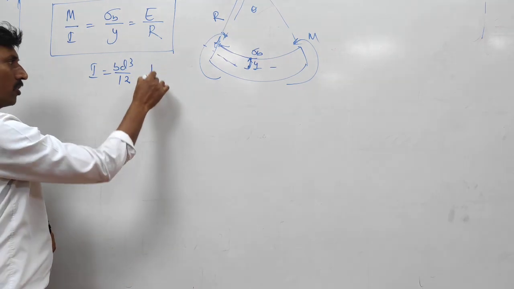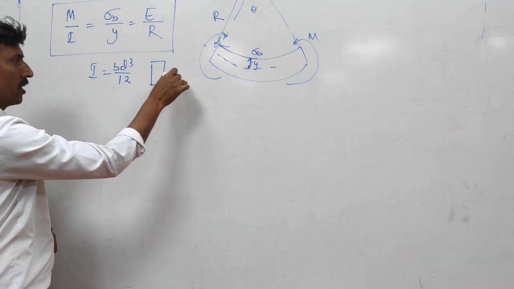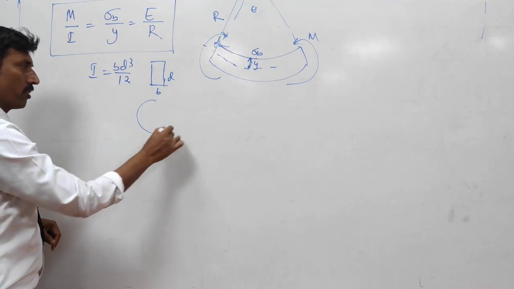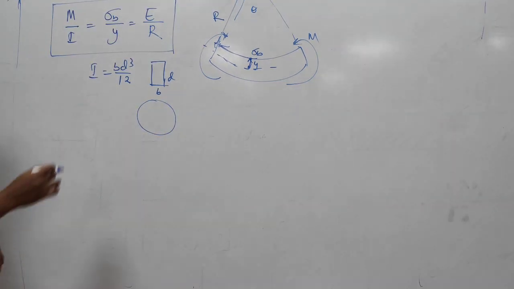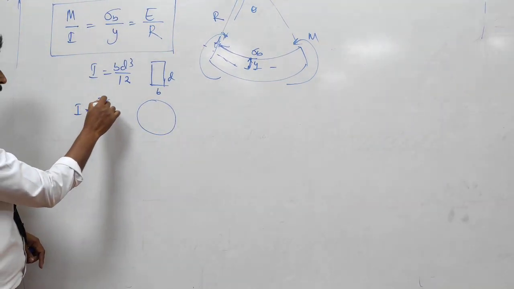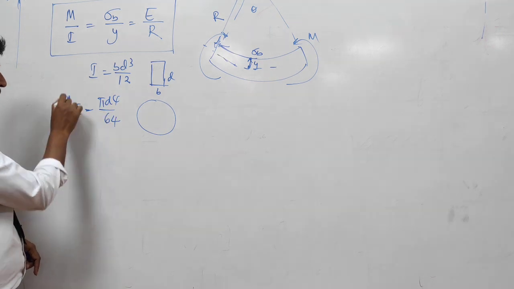Suppose it is a circular section, the moment of inertia is pi d to the power of 4 divided by 64. You need to remember this.